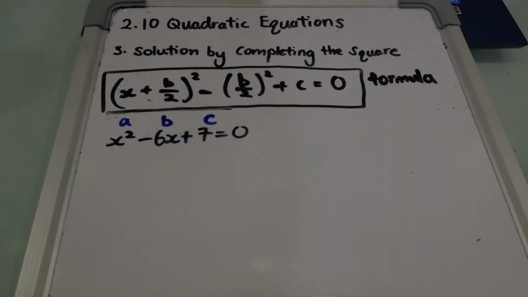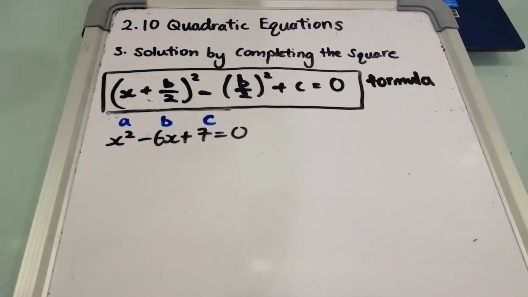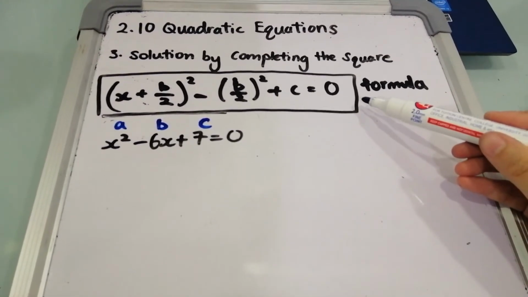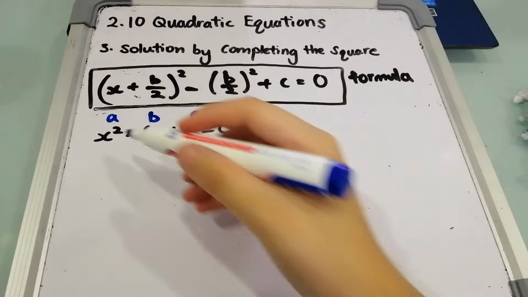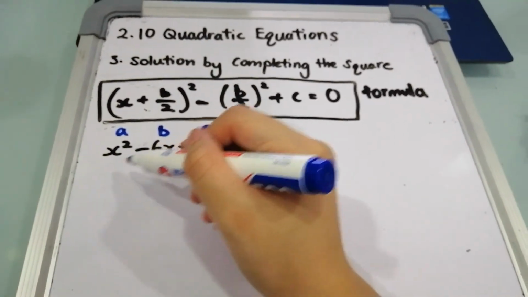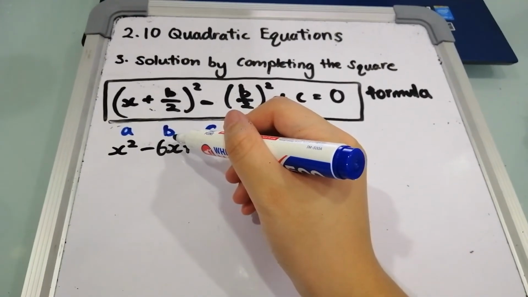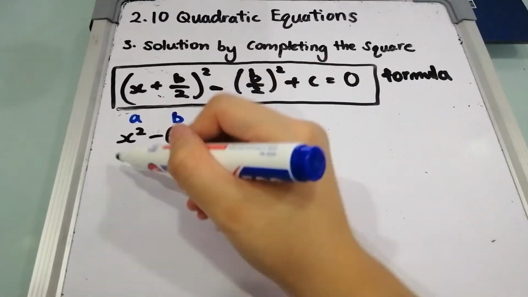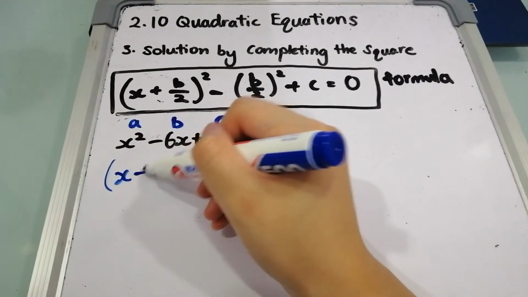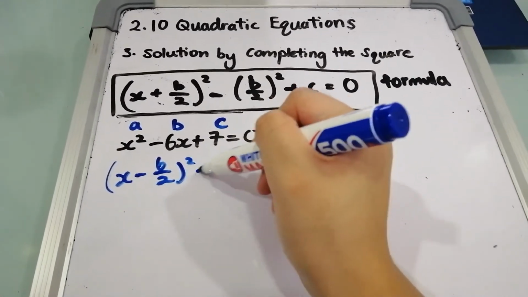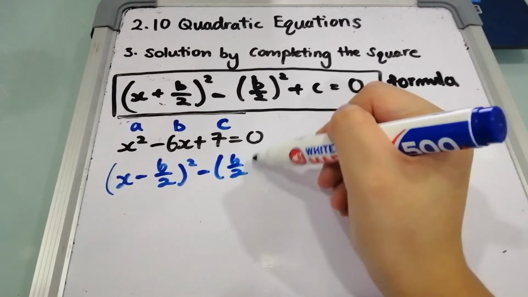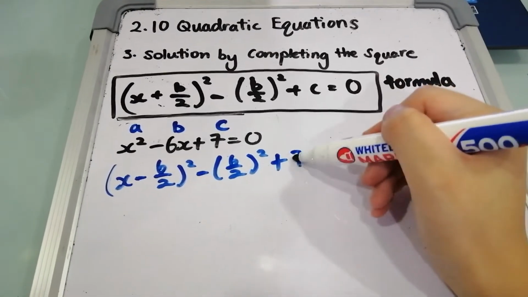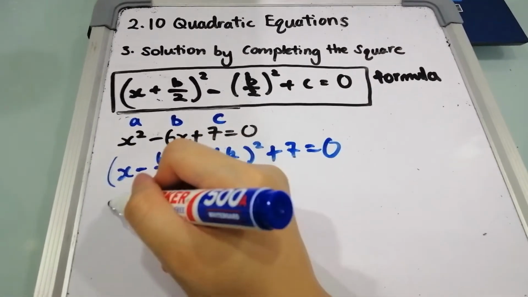So we'll go into solution by completing the square. This is the formula of completing the square, so we'll follow it. In this case, our b is -6 and our c is 7. So we'll apply it into the formula. So we need to simplify it.